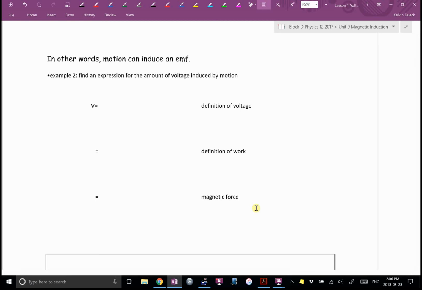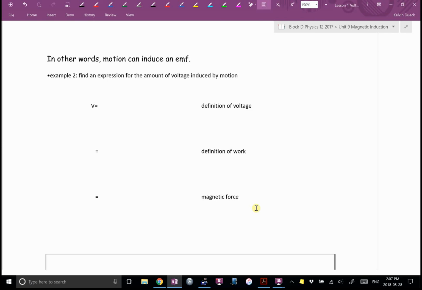Let's see if we can find an expression for how much voltage moving a metal rod through a magnetic field can generate. What was the definition of voltage? Way back when, what was our definition of voltage from electrostatics?